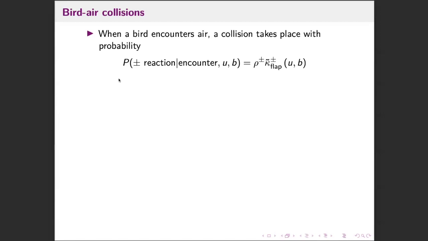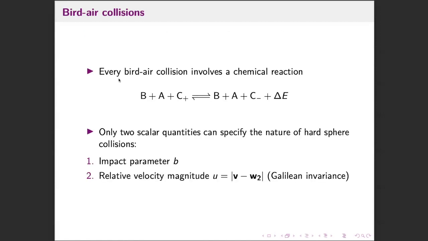I mean, the logic again of the direction is A plus B plus C plus is some. Yeah, so B, bird, air, and the C plus. C plus is the high energy chemical. Okay. And it goes to a low energy chemical, and that gives rise to this energy. I'm also lost now because you actually treat this in terms of hard spheres. So what is actually the role of the C in the hard sphere picture?